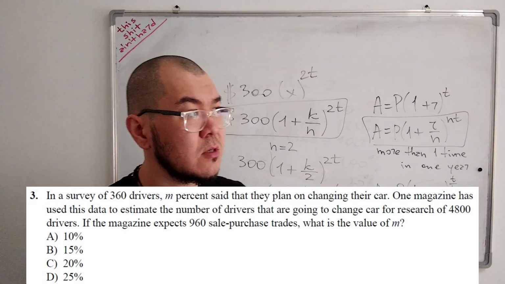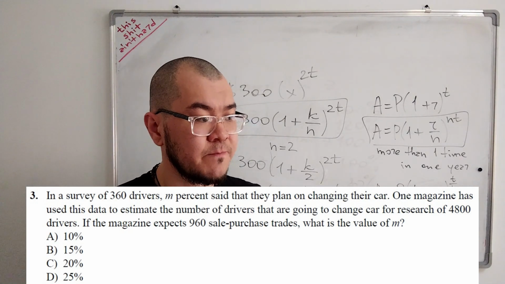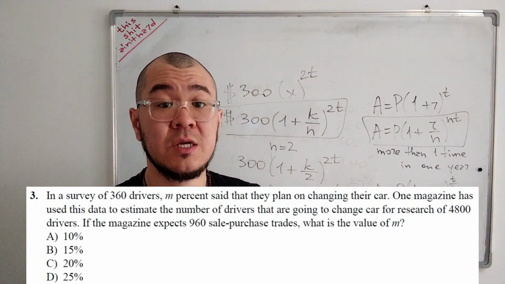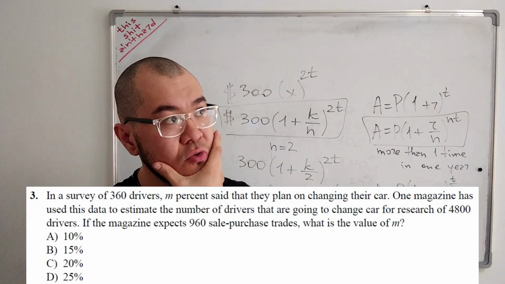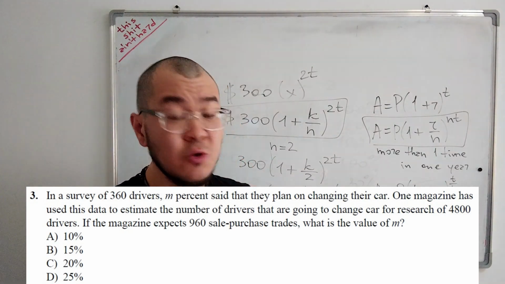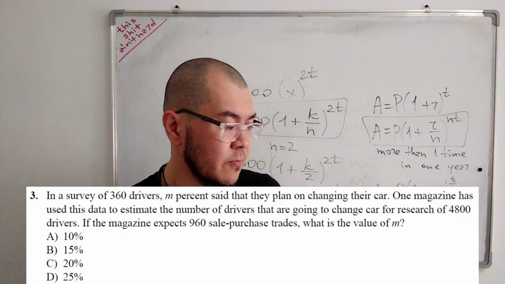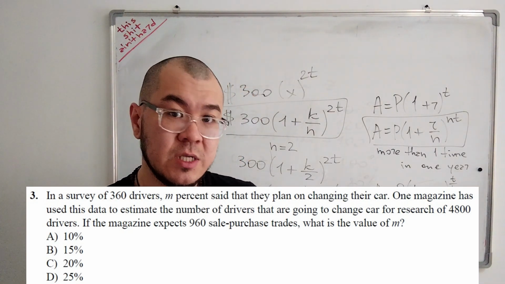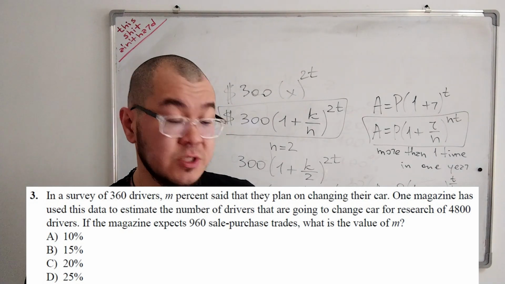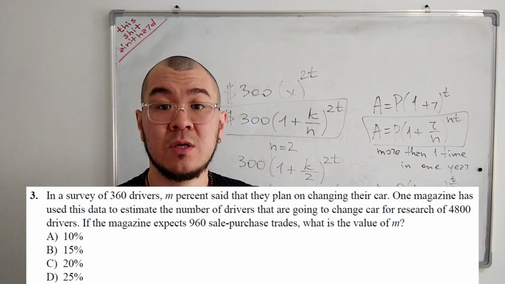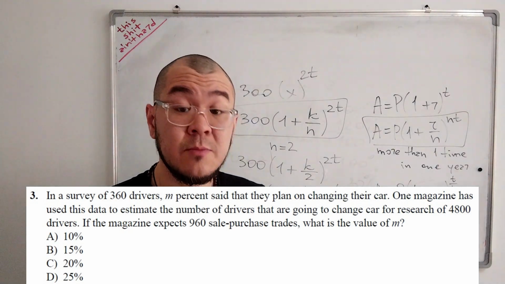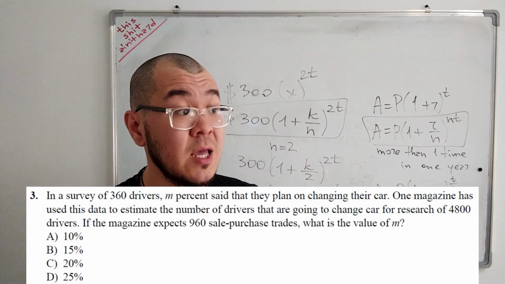So how do we generally calculate percents? We are dividing some number to another number. So if we are given m% and 360 drivers, there is no second number to estimate m, to find out what m is equal to.